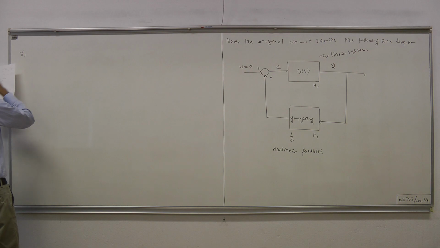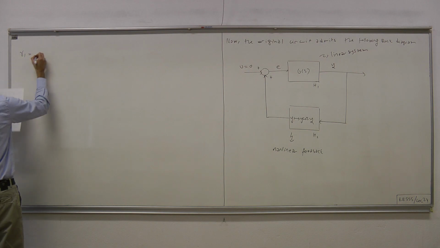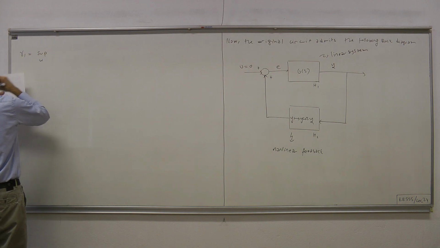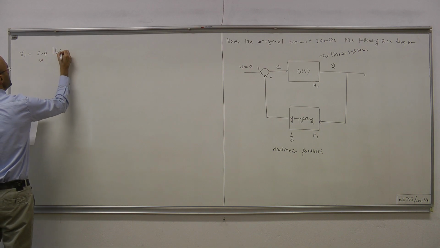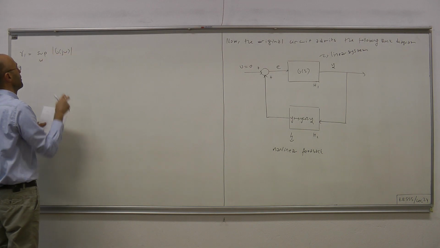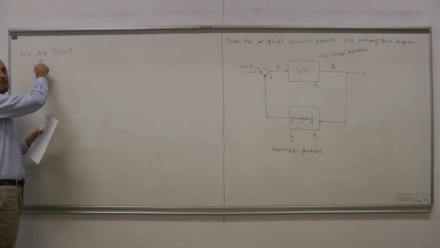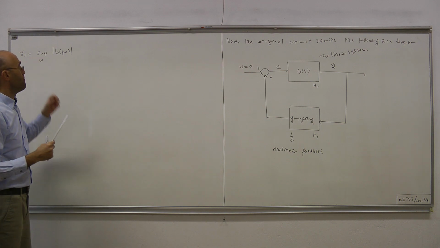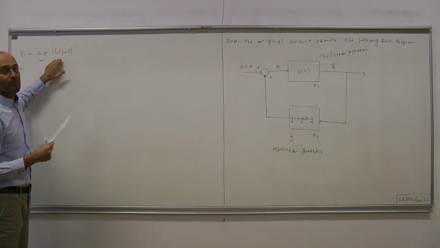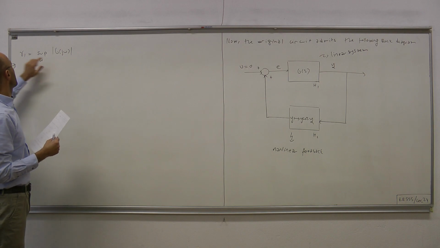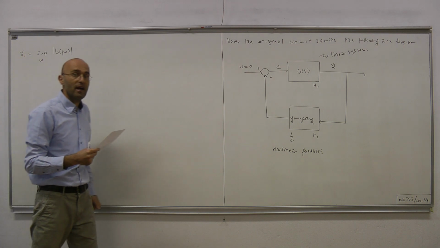In particular, we can say gamma 1 is the sup over omega of |G(jω)|. So you look at the magnitude Bode plot and you figure out the peak magnitude, and the value that it takes at that peak is what we call the L2 gain.